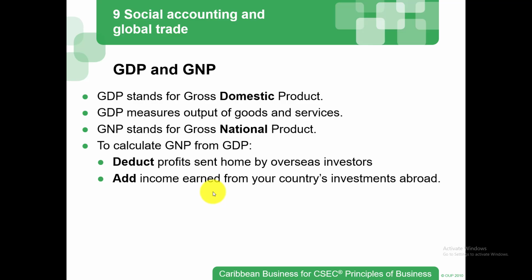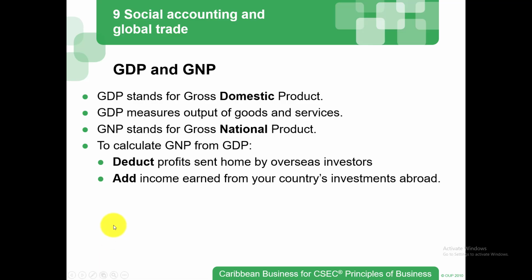So for Trinidad, GNP would include the monetary value of all the goods and services produced where the factors of production are owned by a Trinidadian. So it doesn't matter if it was produced within the borders of the country, it's once it was produced by a factor of production owned by a national of the country.